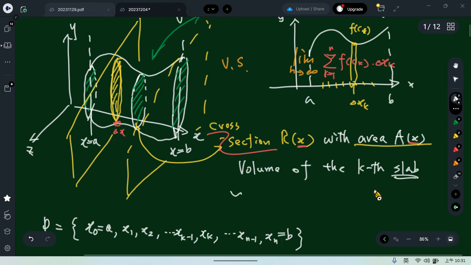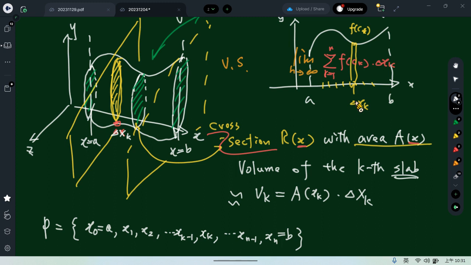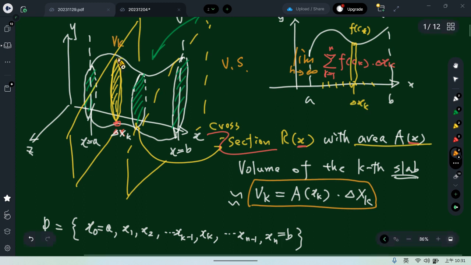Then it will be almost like VK is equal to A of SK times delta SK, right? AK means the area size here, times delta SK here. This is delta SK. When you multiply them together, you get VK, the volume of this small portion.